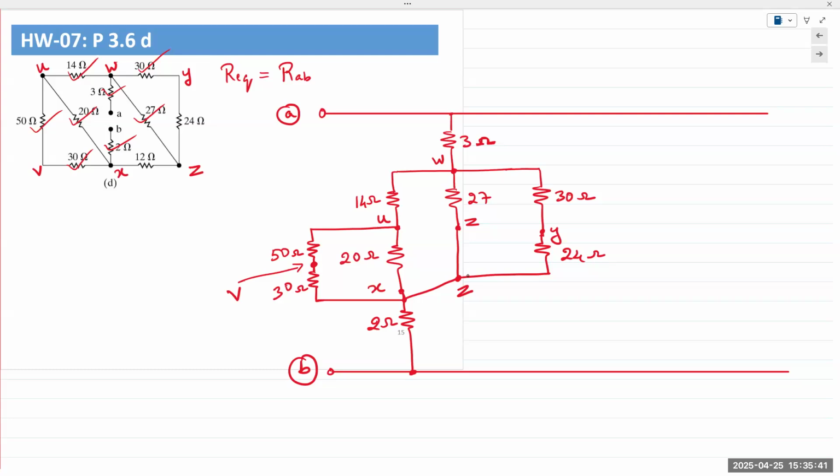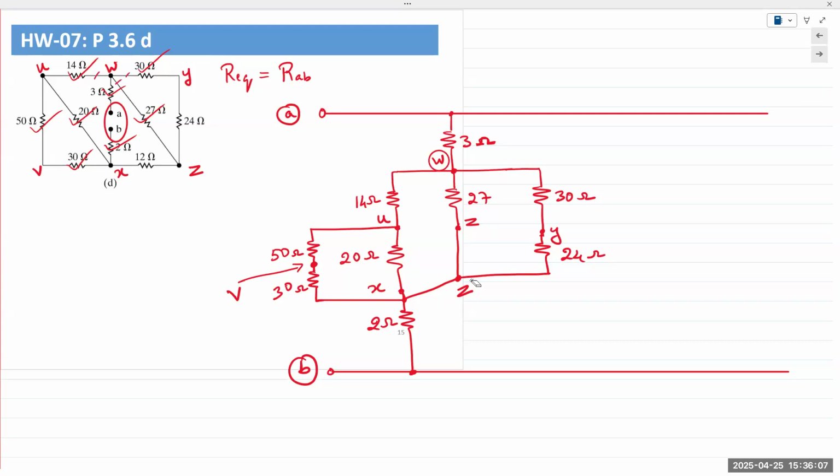So let me recap. We draw 2 horizontal lines because those are the terminals we are interested in, A and B. Starting from A, I have a 3 ohm resistor connected to node W, which is right there. From W, I have 3 connections, 1, 2, and 3.